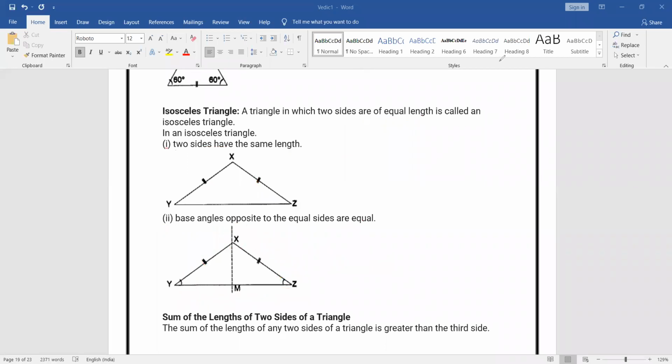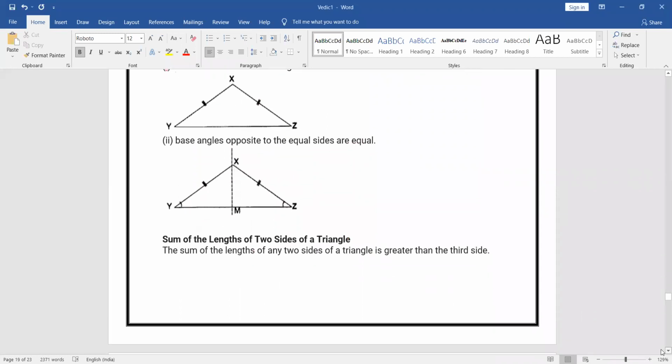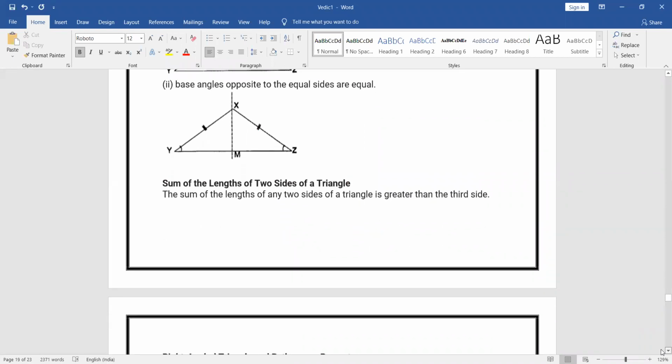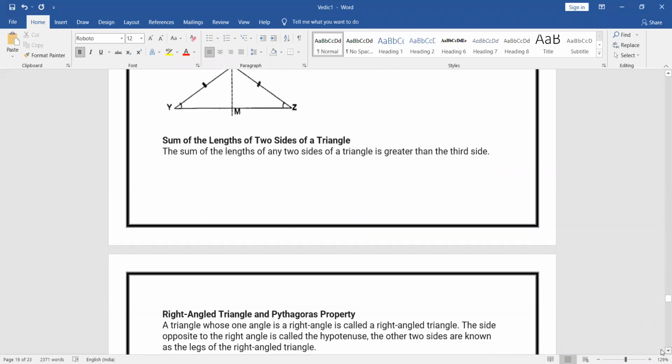Next, after these two special types of triangle, we have the sum of length property. When we talk about the sum of length of a triangle, the sum of length of any two sides of a triangle is greater than the third side.